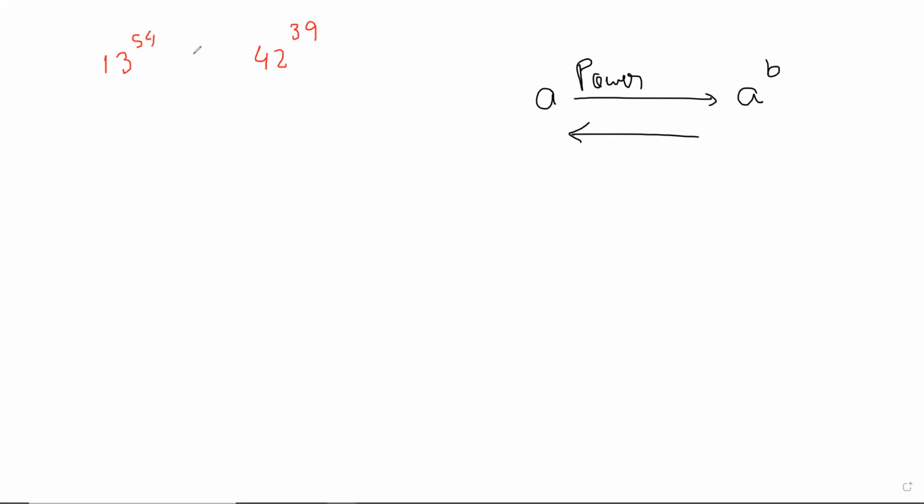So I'll say that comparing these two is the same as comparing, I'm not writing comparing, maybe I can just say this question mark, whether this is less than this or not, is the same as if we take square roots, fourth roots, things like that, but I'll be taking the 39th root.